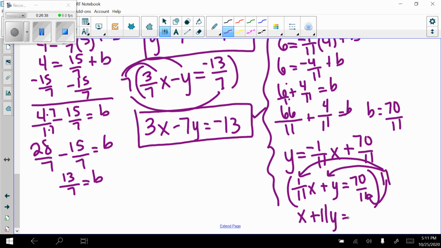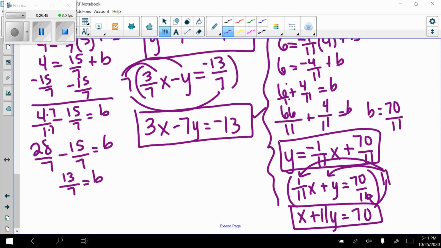Again, the 11's cancel, and I'm left with 70. Again, how sad. All of our fractions went away. So standard form, and this was our slope-intercept form. All right, so that's writing equations of lines.